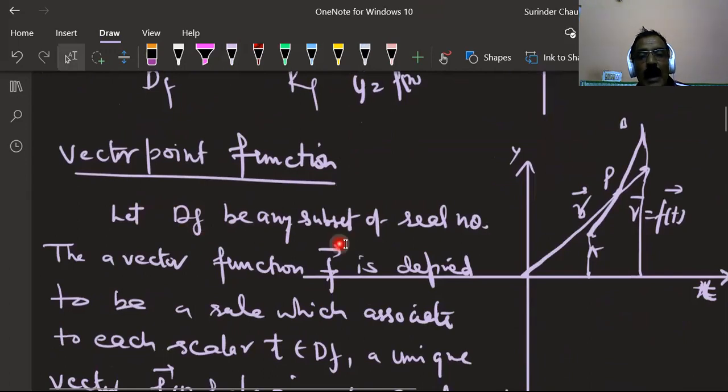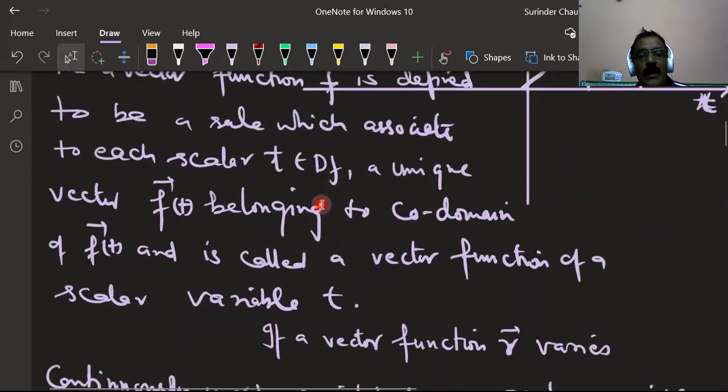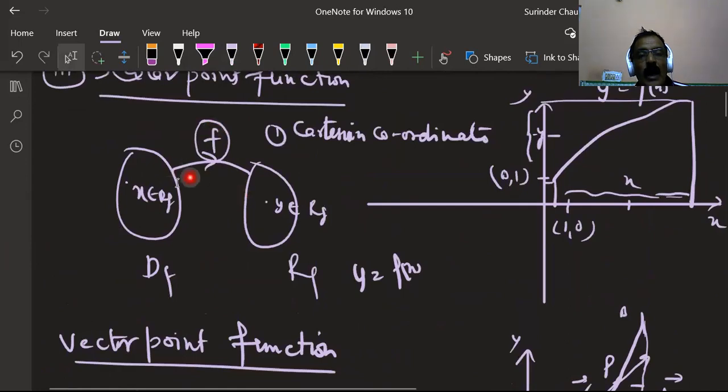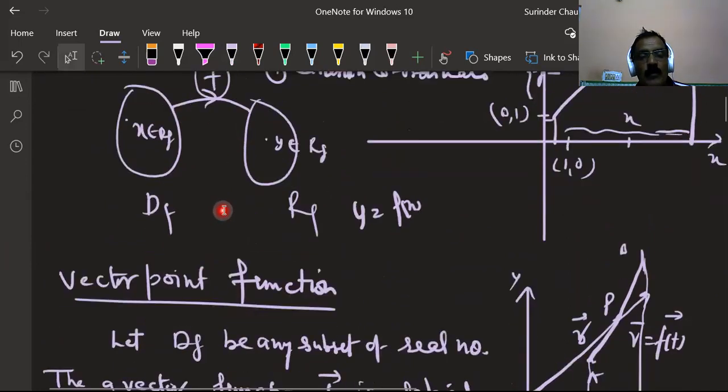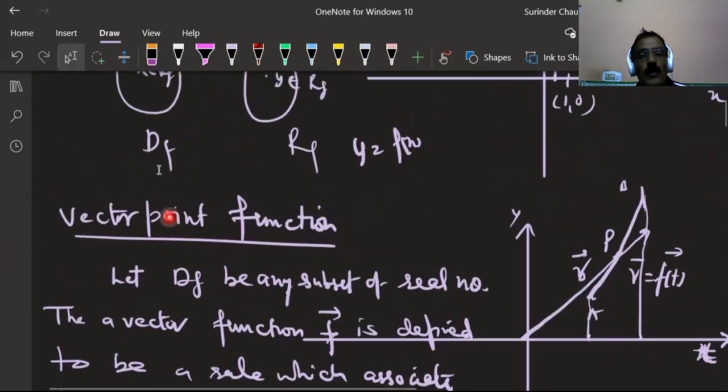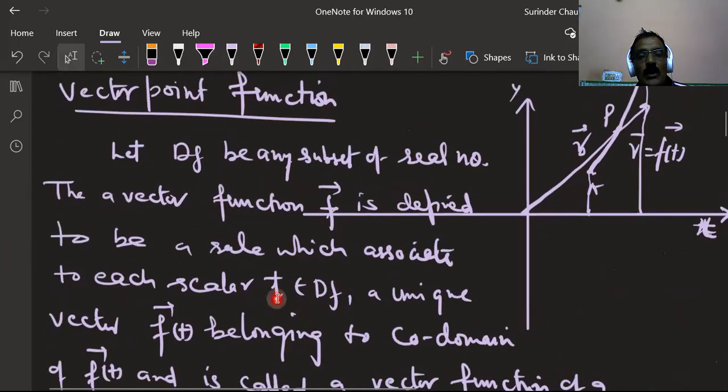Let Df be any subset of real numbers. Then a vector function f vector is defined to be a rule, as we studied in the scalar point function, which associates each scalar t belonging to Df. Now in place of x we have the scalar t.